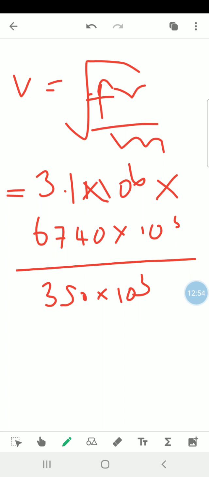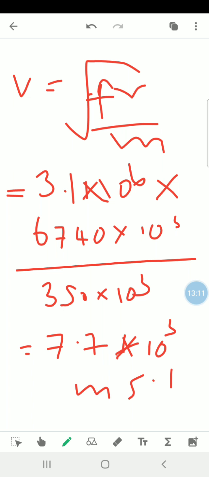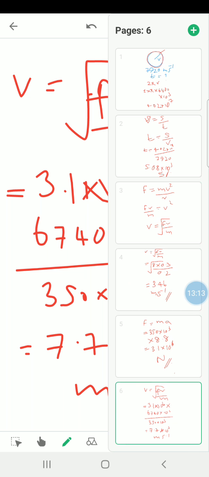And when you simplify this, you will get the answer to be 7.7 into 10 to the power 3 meters per second. Right. So I hope you understood that. Let's go to the other part.